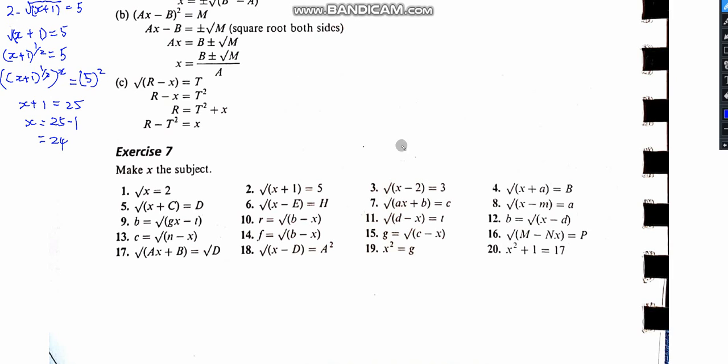Now let's look at number 7. Okay, square root (ax plus b), remember the bracket. Now if I lengthen this bar until it exceeds b, then you don't need to put a bracket. Why? Because obviously the square root applies from ax plus until b.